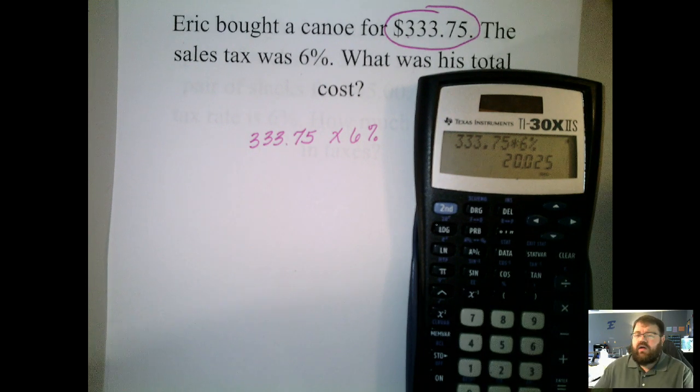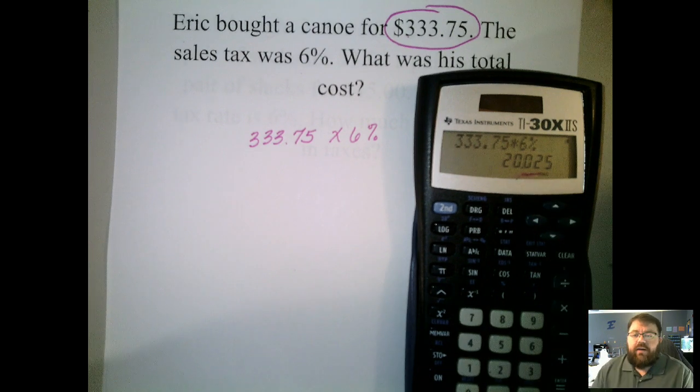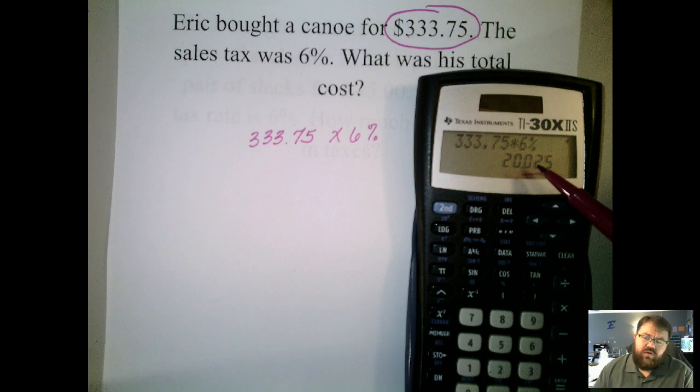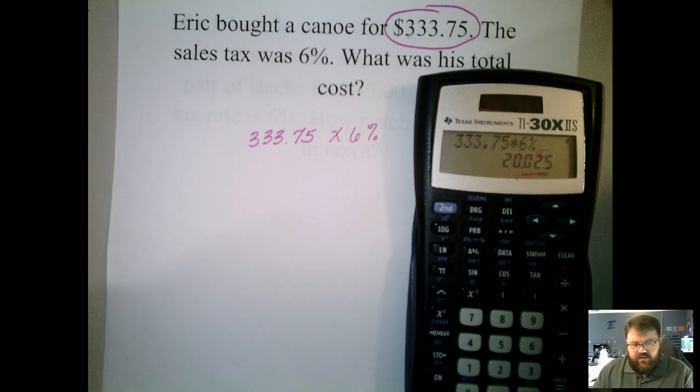Now, the thing to remember here is we're talking about money. Money is rounded to the hundredths place. Hundredths is 2 places past the decimal. So we're going to look here. This 5 will round this 2 to a 3, and it would be $20.03. I think in 5th grade, the way that they say it is, if it's 5 or more, let it soar; 4 or less, let it rest.